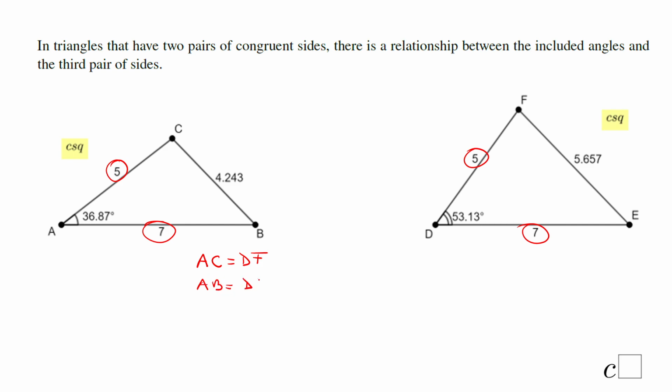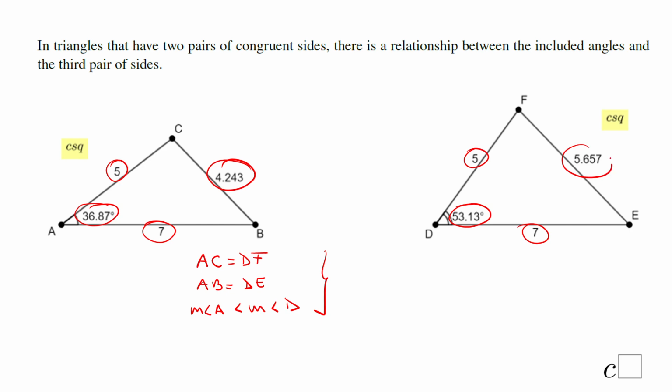But we notice now the angle included, this one is 36 and this one is 53. So the measure of angle A is less than the measure of angle D. Therefore, we can say something about the third side.